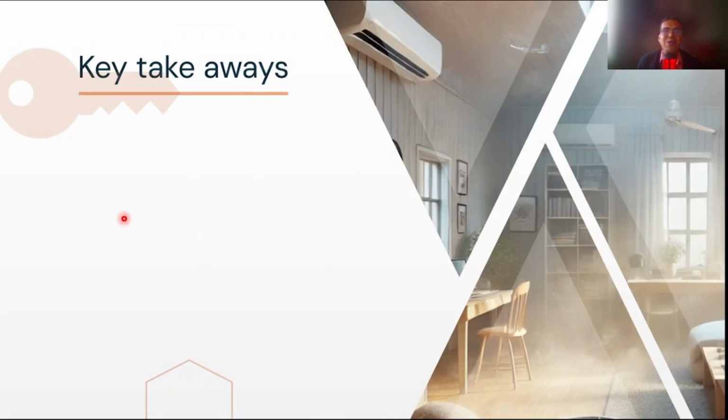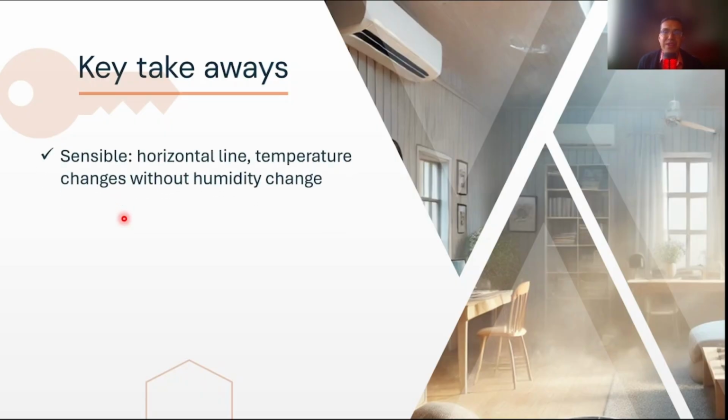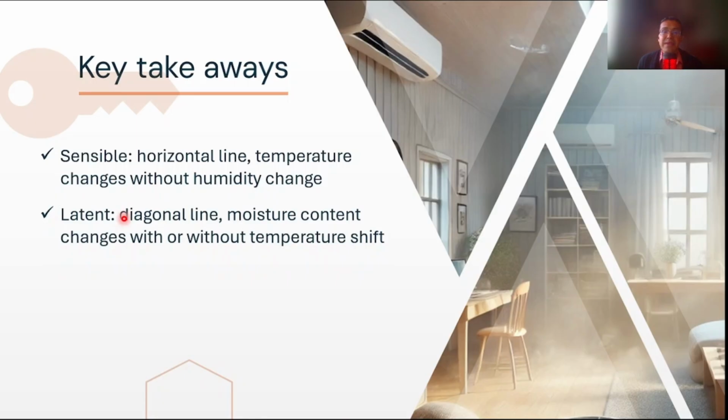Let's summarize what we have covered. Sensible processes change the air temperature without adding or removing moisture. Think heating in winter or dry cooling in summer. Latent processes involve moisture transfer, like humidifying dry winter air or dehumidifying a humid summer day.